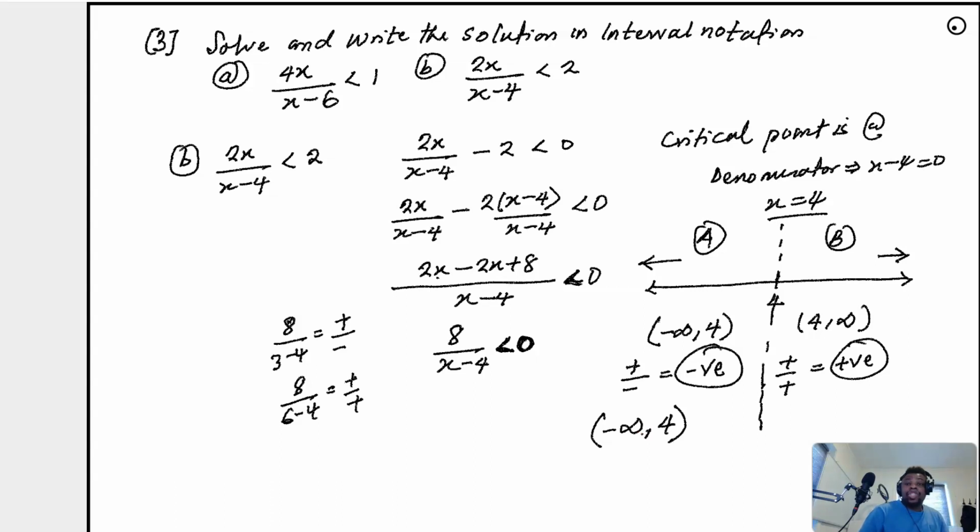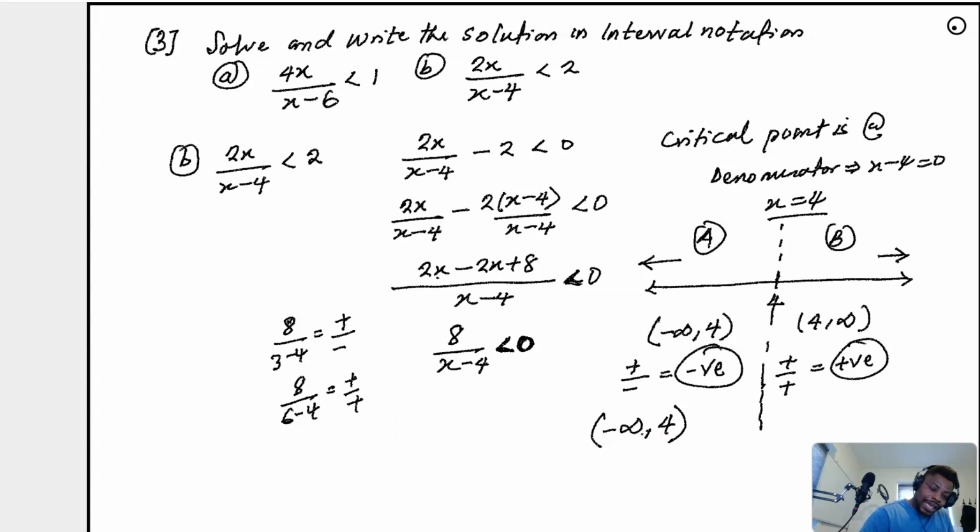But now we need to check to pick our answer. But remember, when you are picking your answer, it is based on your numerator. And in this case, our numerator doesn't have any x value because it's a constant value. So in this case, your interval of interest will be the same thing as your solution.